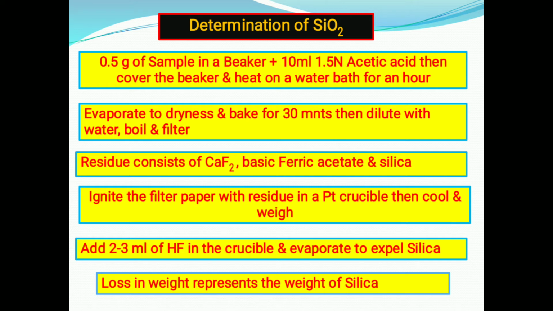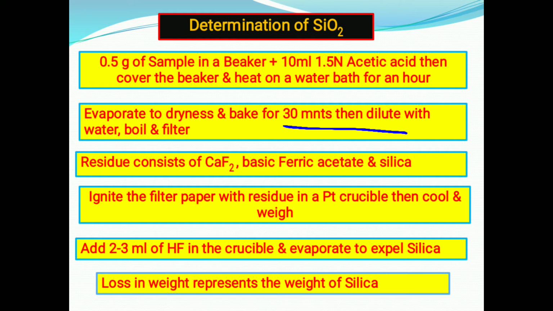Then cover the beaker and heat it on a water bath for 1 hour. It is only for the dissolution of the sample. Then evaporate to dryness and bake it for 30 minutes. Then dilute it with water.